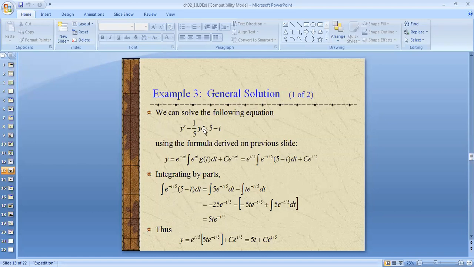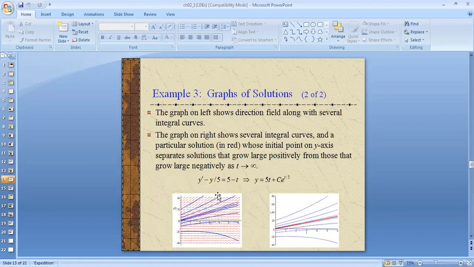We can multiply both sides by an integrating factor, e to the power minus something. This is just integrating by parts. We have solved this with the same process. This is the actual solution of this differential equation, and we can plot the solution like this.